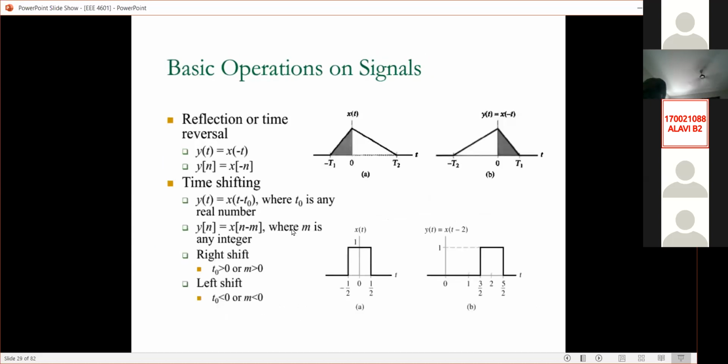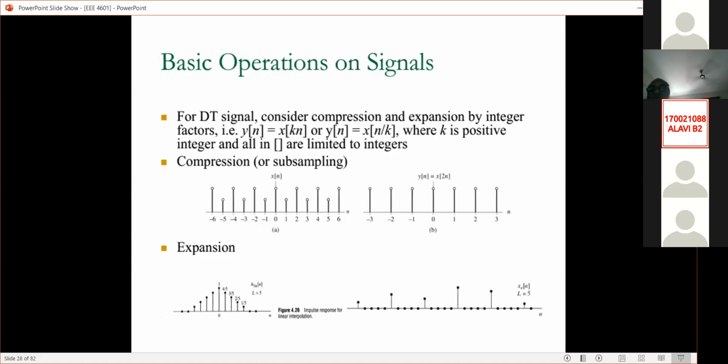If we want to operate on this signal, here the signal is x[n]. Operating on amplitude means multiplying this signal by a factor a.